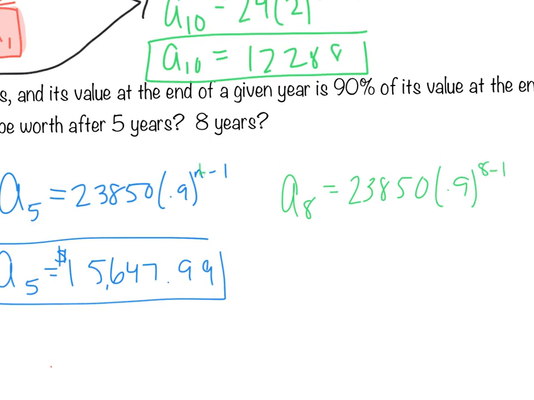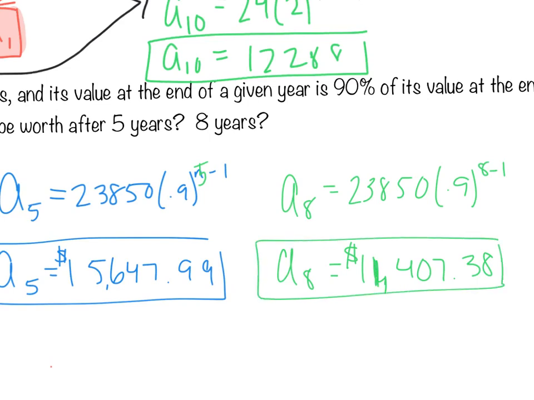This over here should have been 5 minus 1. But again, I'm not going to work all the way through that. I'm just going to give you the answer. The answer is 11,407.38. Okay.